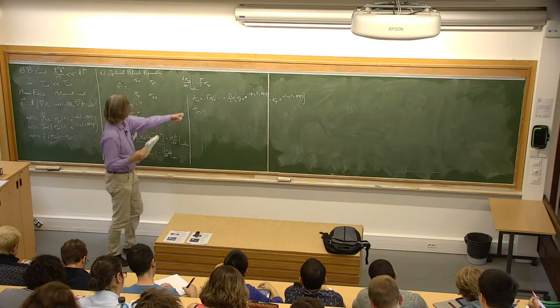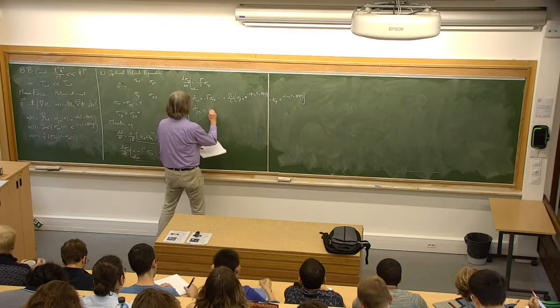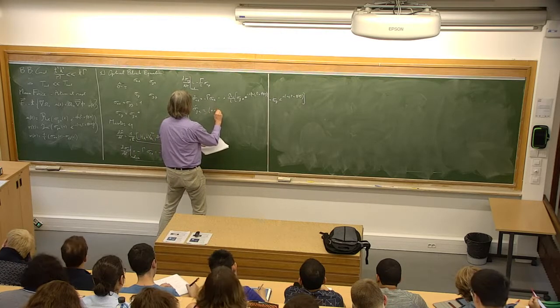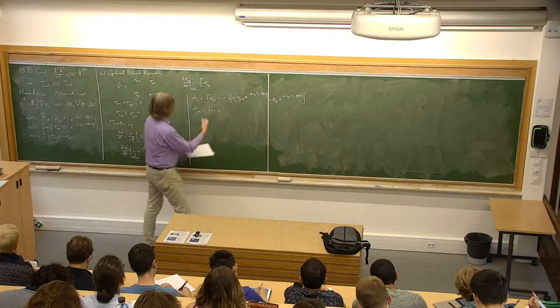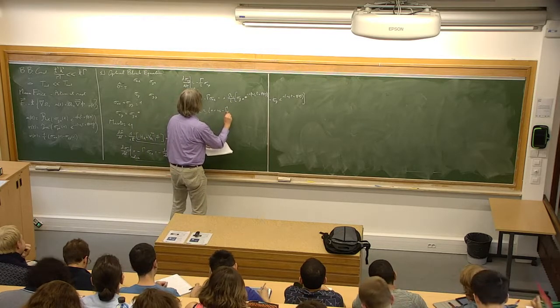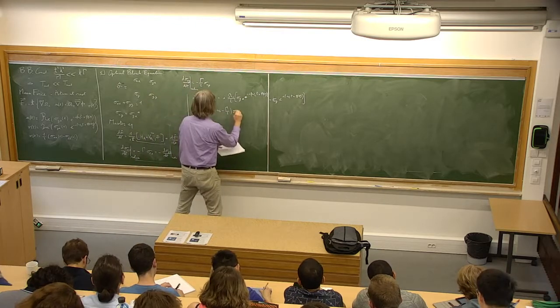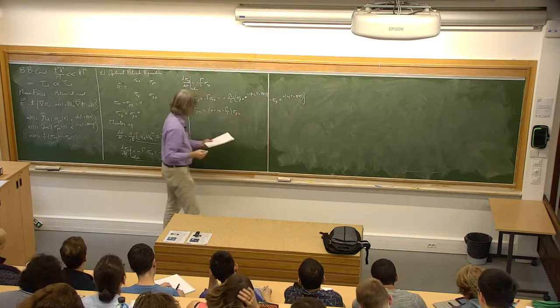And for this coherence, you have a free evolution, which is omega 0, and you have the decay, which is gamma divided by 2, sigma GE.